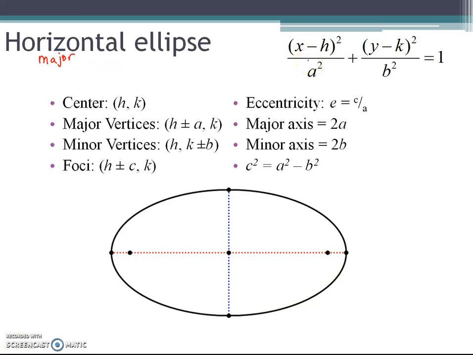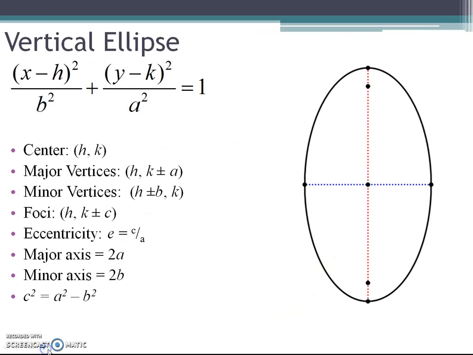And the thing to keep in mind is that a is defined as being the bigger number. So a is bigger than b. So when you see these numbers in the denominator, if the larger one is under y, it's vertical, it's bigger in the y direction.